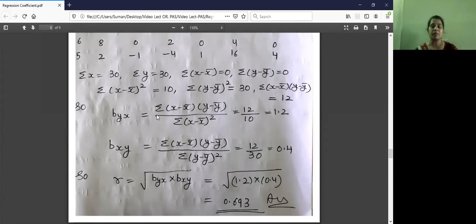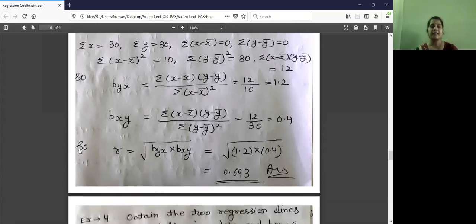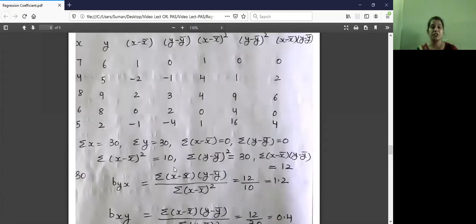So keep in mind always, we have already seen in the properties of the regression coefficient. Both the regression coefficients have the same sign. If one is positive, the second is positive, if one is negative, the second is negative, opposite sign regression coefficient में नहीं होते. So here we find the correlation coefficient.